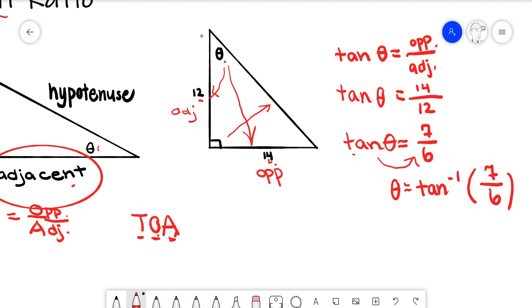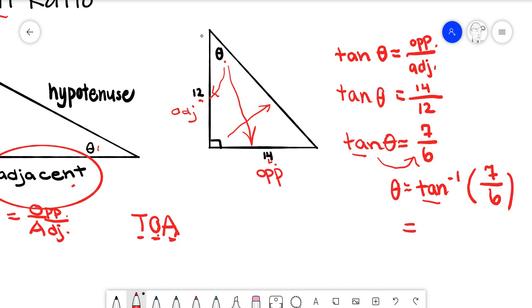And if you're wondering what tan or tan⁻¹ means, it's on your calculator, so you don't really need yet to understand how that works. Just type it into your calculator. For example, find your tan⁻¹, and then put 7 divided by 6 in there.